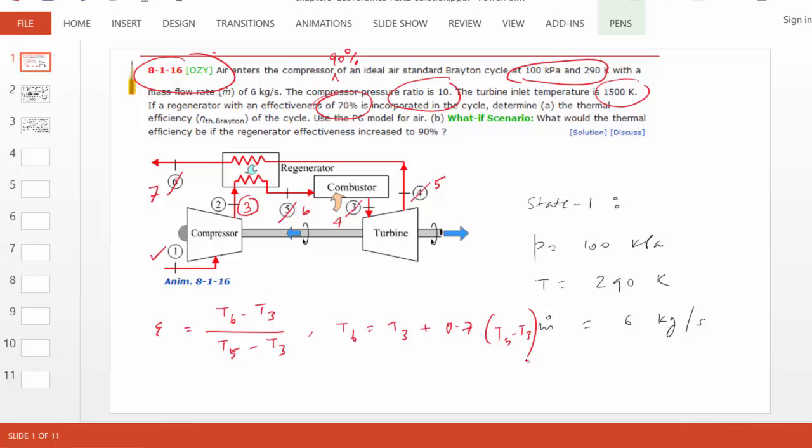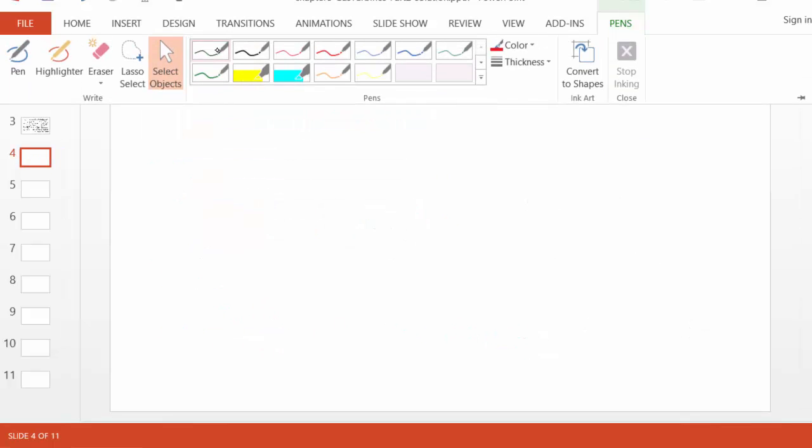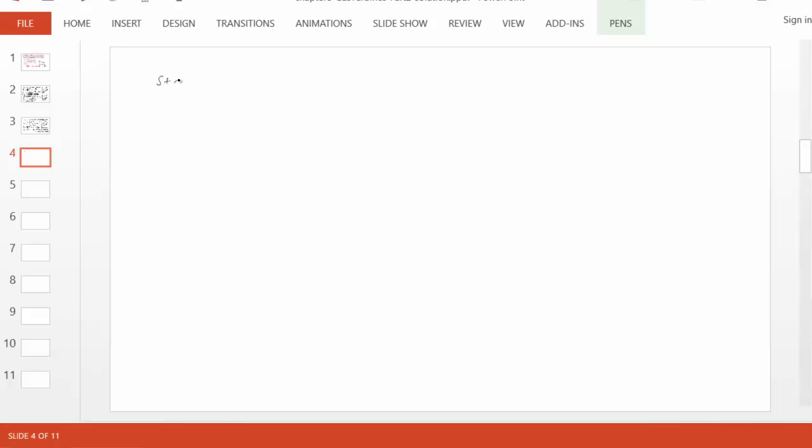Okay, so we'll go out and write that equation in another page. We are trying to find state 6. Obviously, it has the same pressure as P3.